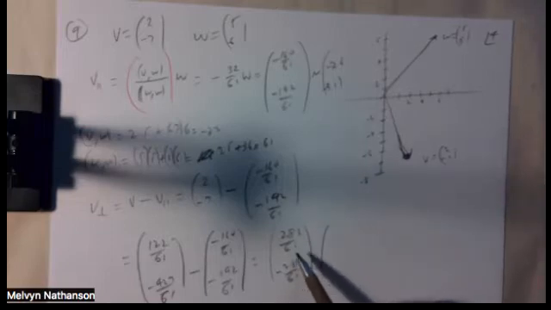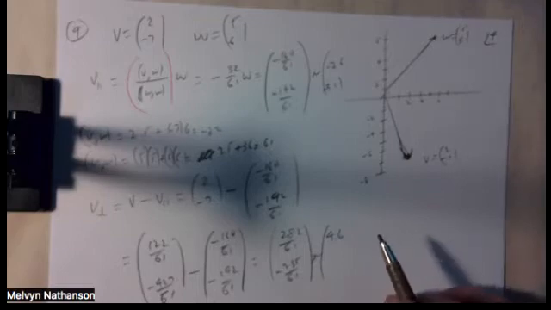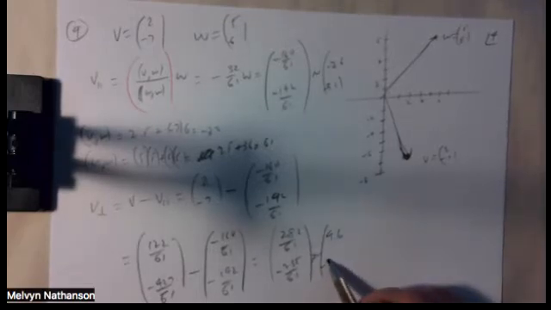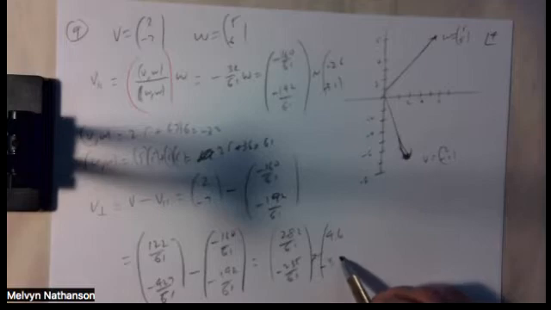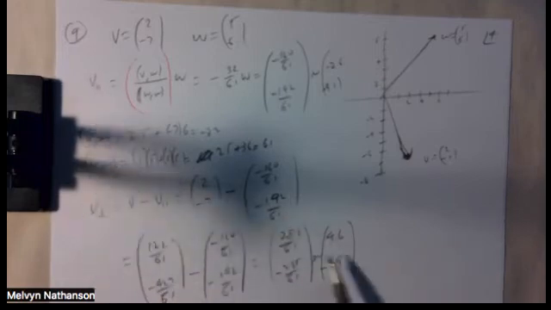Anyway, 282 over 61 is about 4.6, and 235 divided by 61 should be a little bit less than 4, so that's about minus 3.9, let's say. So in any case, this is the parallel and this is the perpendicular component. Let me just try and sketch them.